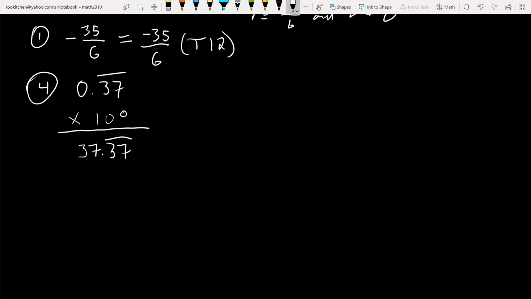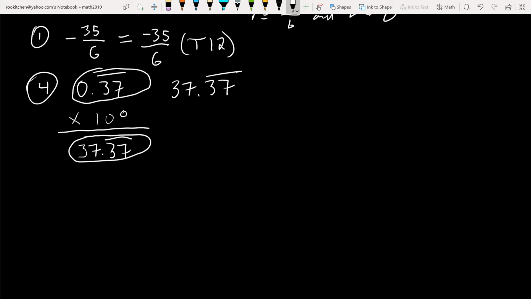And then if you take this number and subtract away this number here, you'll end up with 37.37 repeating minus 0.37 repeating. Okay, so these parts will cancel out and you'll be left with 37.